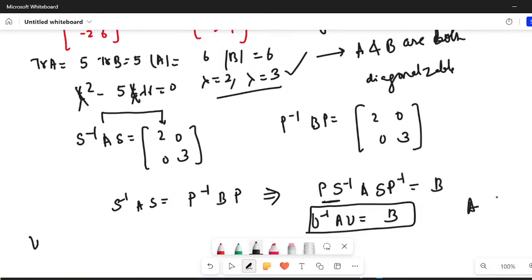So it implies that A is similar to B. Is that clear? I hope it is clear till now.